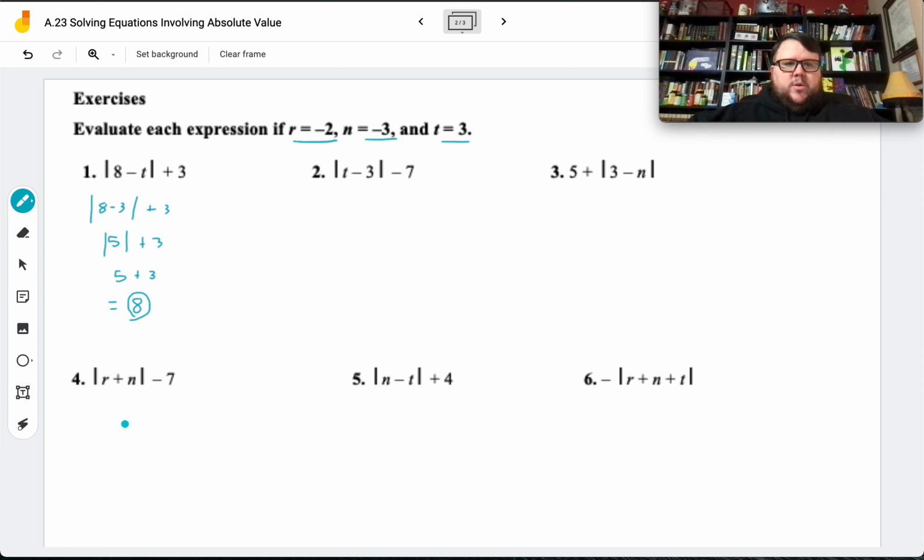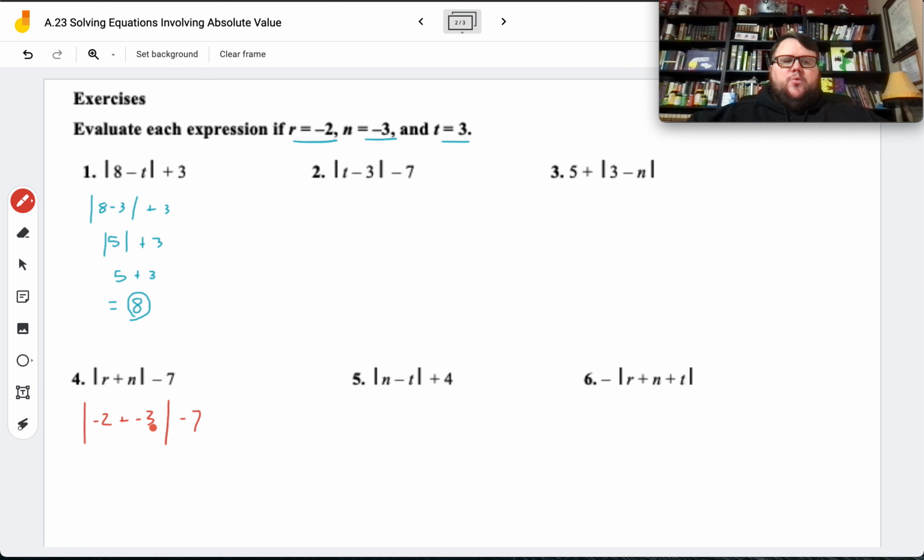Let's do number 4: absolute value of R plus N, minus 7. R is negative 2, plus negative 3. I can put plus negative 3, or you could have just put minus 3, realizing it means minus 3. Then close absolute value, minus 7.